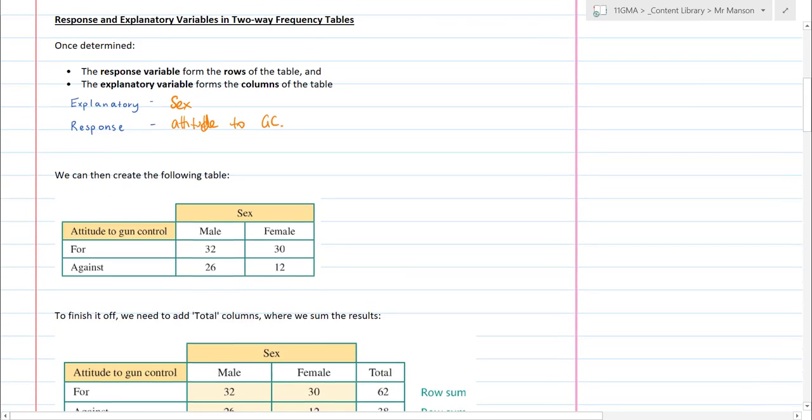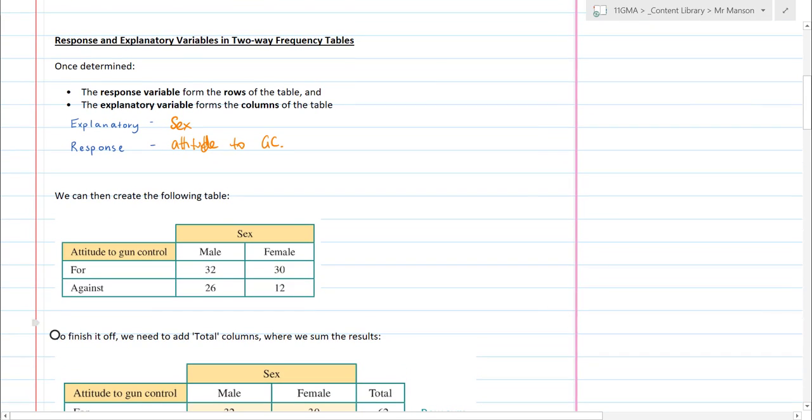Okay, let's talk about creating this table. So here's the data. I know we didn't show all the data earlier, but that would be a fairly big long table. So there are 58 males in the survey, 42 females, 100 people in total. And that data has been collected into what's called a two-way table. So a two-way table has a variable that goes in this direction and a variable that goes in that direction.